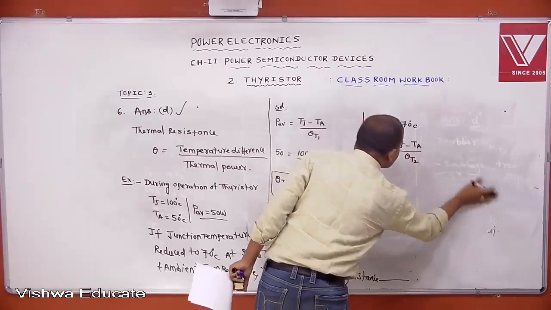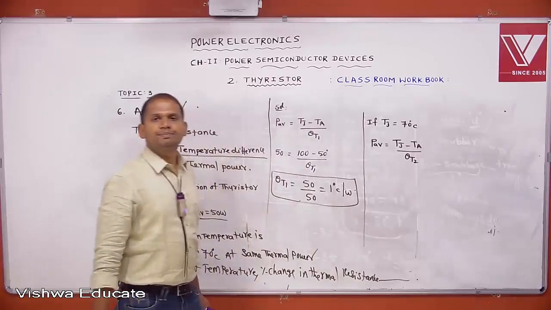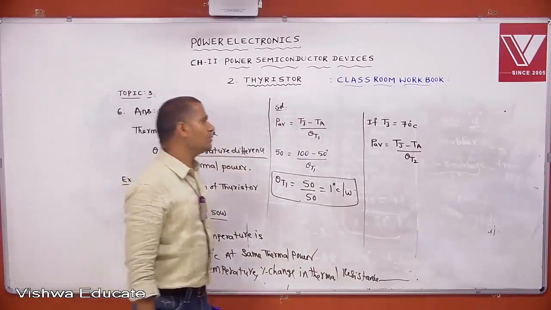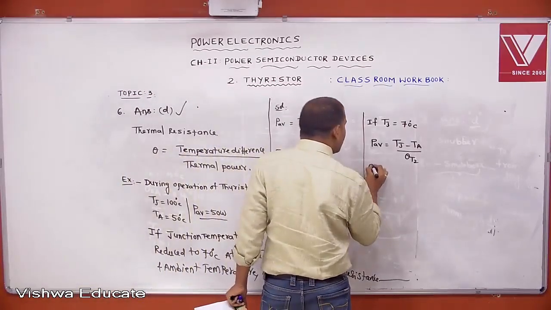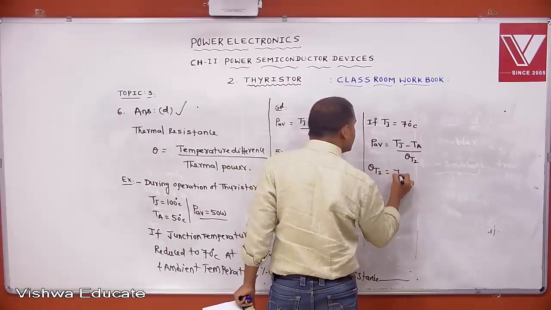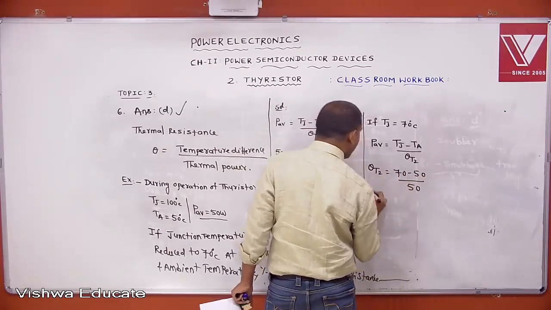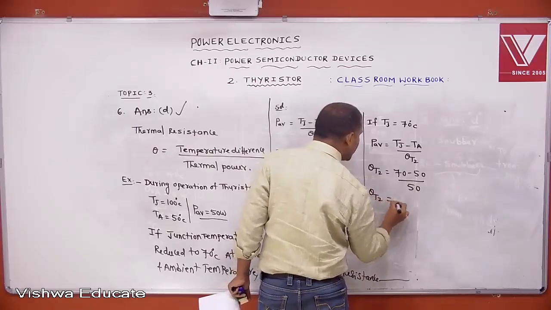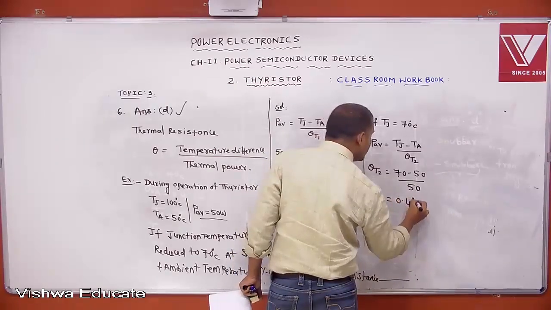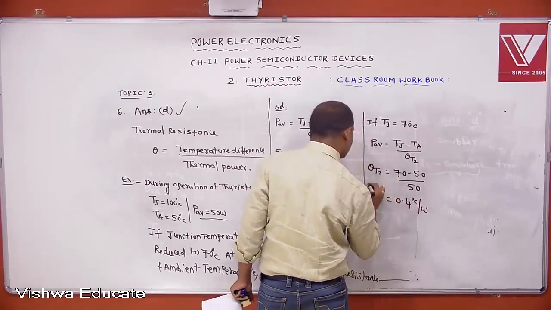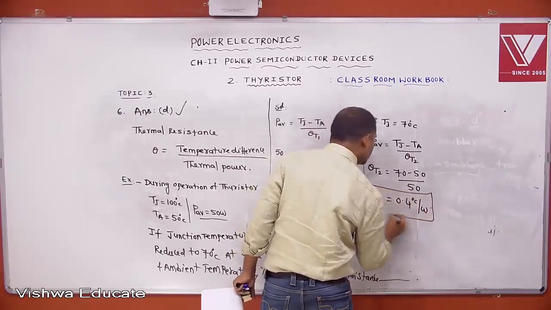Then theta T2 equals 70 minus 50 by 50, which is 0.4 degrees centigrade per watt.